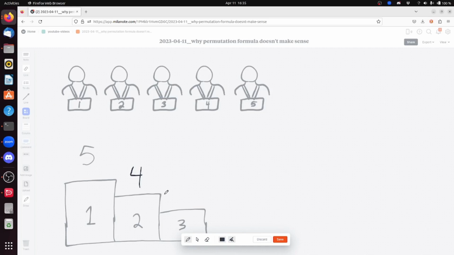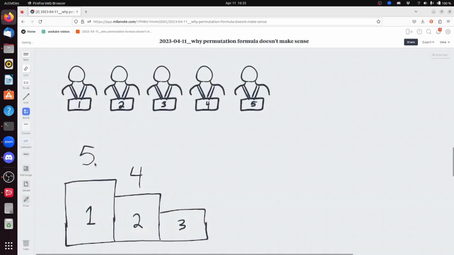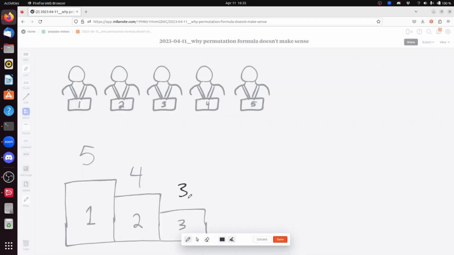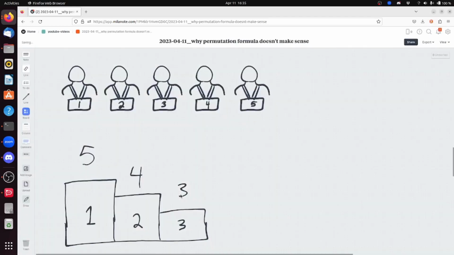And then after we've already chosen somebody for first place and somebody for second place, it doesn't matter who we chose, but we'll have 3 people left over. So we have 3 possibilities for who could come in third place. In general, for every 5 possibilities there are for first place, there are 4 separate possibilities for second, and then for each of those, there are 3 separate for third.